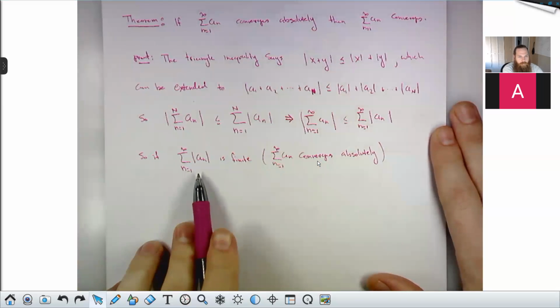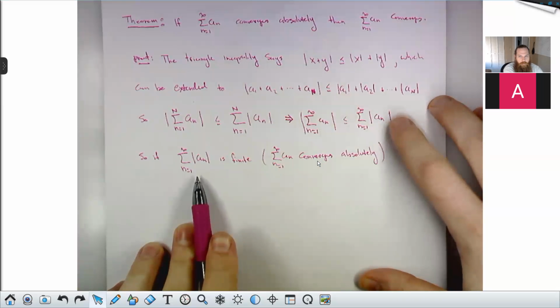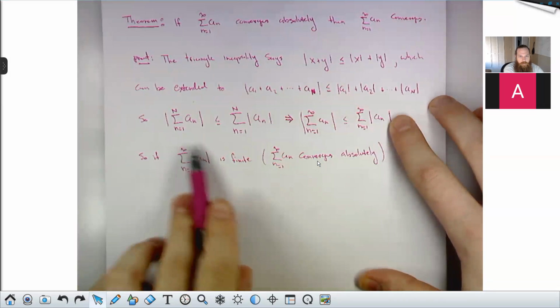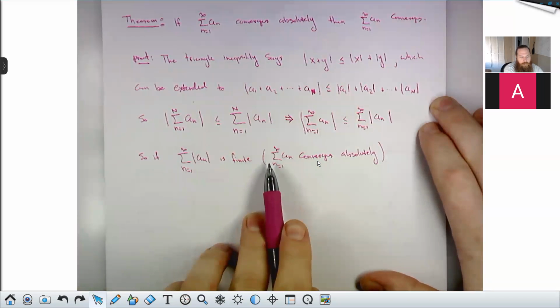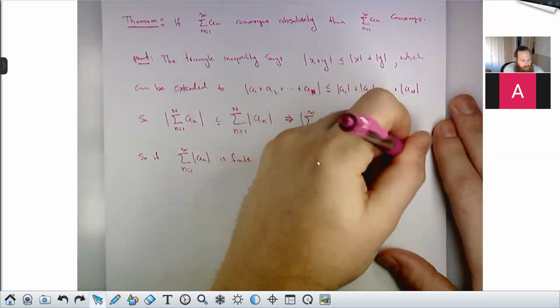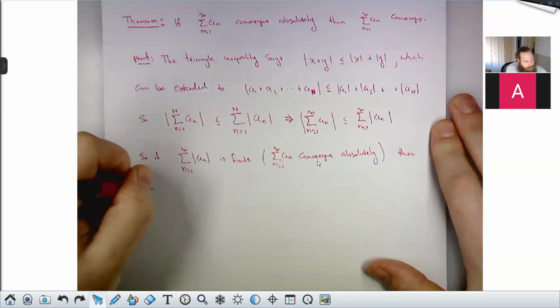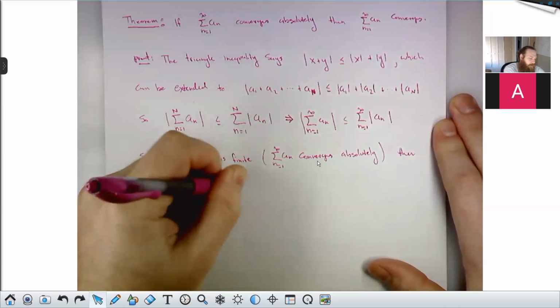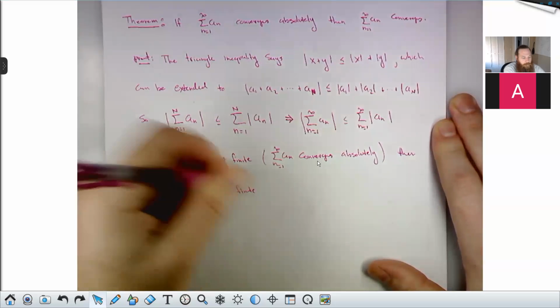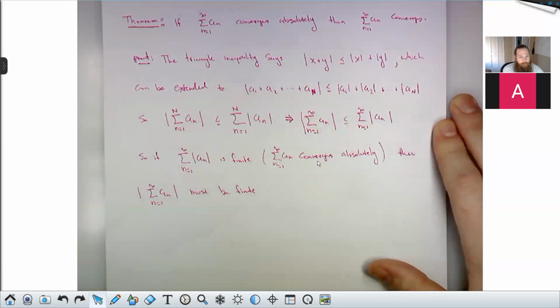So if this series is finite, which is the same thing as saying the original series converges absolutely, then sigma 1 to infinity an, all in absolute values, must be finite because it's smaller than that.